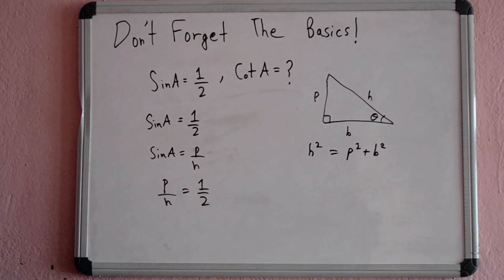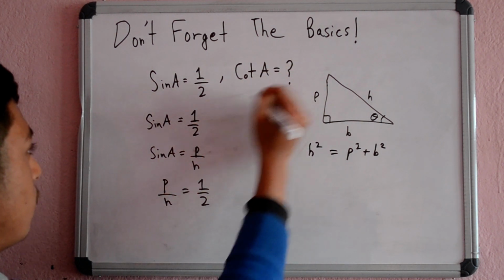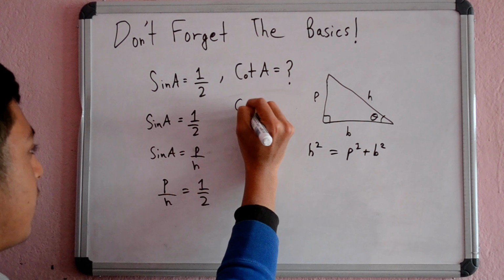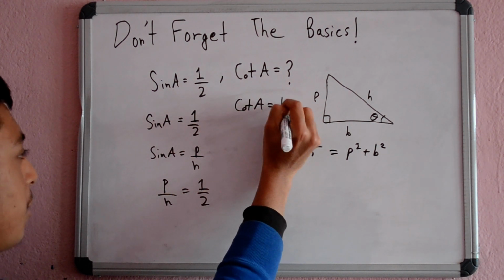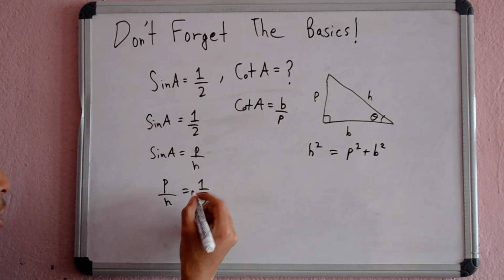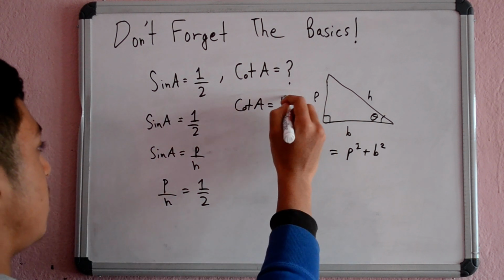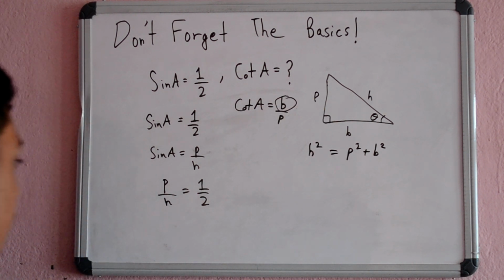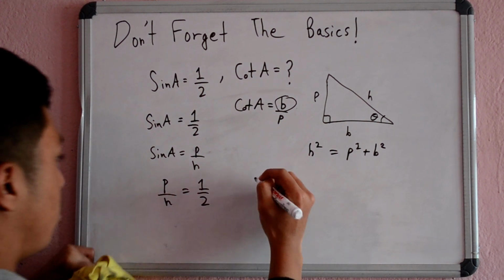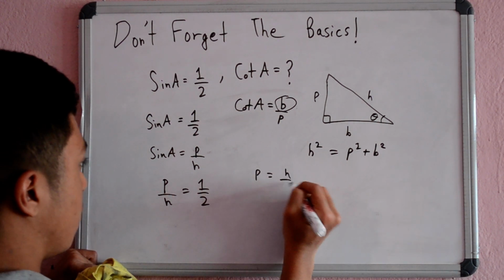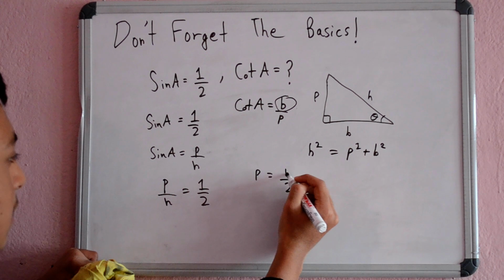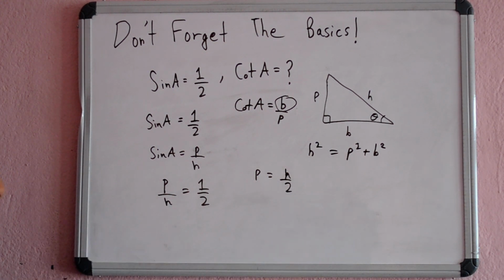So we'll have to use that logic right here, because to find cot A, well, cot A is simply base by perpendicular, and we have our relation for this perpendicular right here, and we need to find our base. So we have P is equal to H by 2. So simply put that right here.